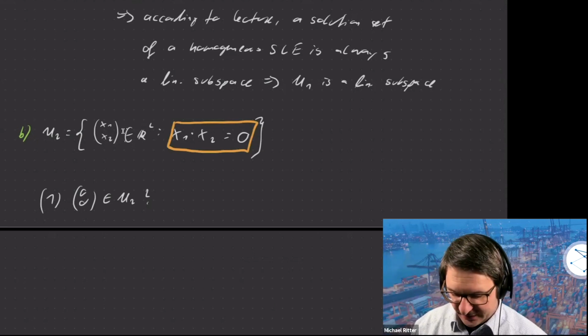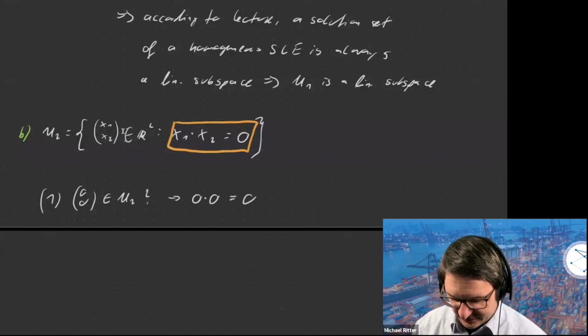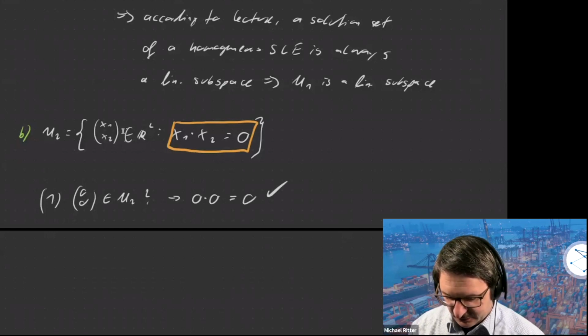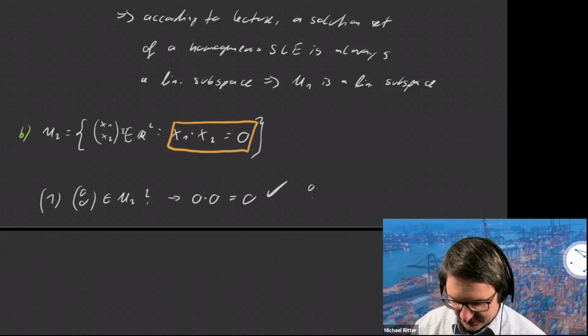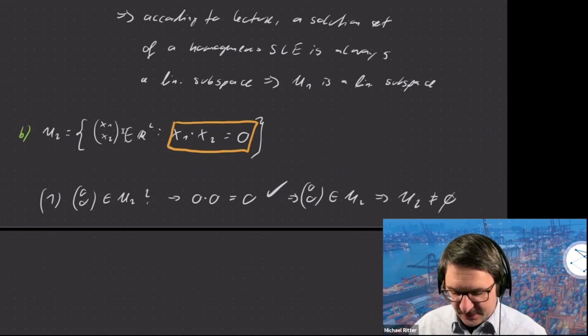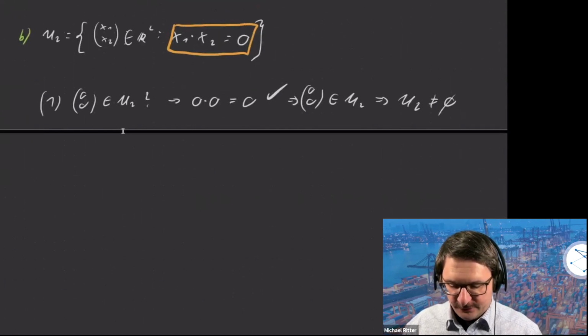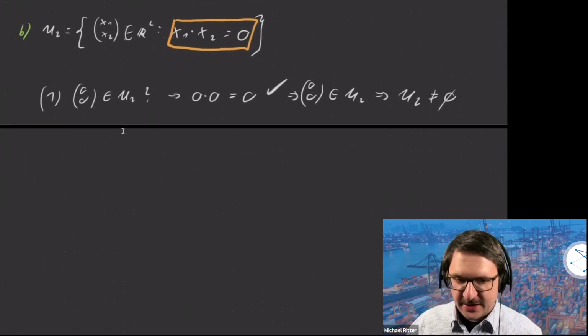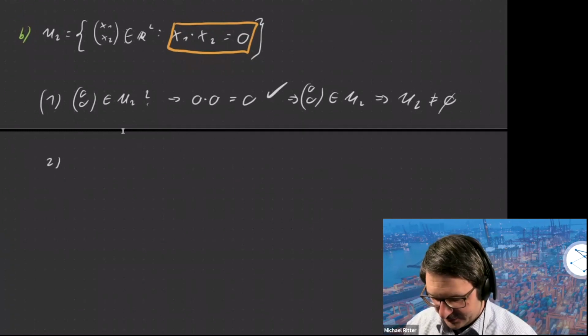If you check that for the 0 vector, 0 times 0 is 0. So that's obviously true. That means the 0 vector is indeed contained in U2, and that means U2 is not empty. Okay, so the first property holds. U2 is not empty, so we can continue with the second property.